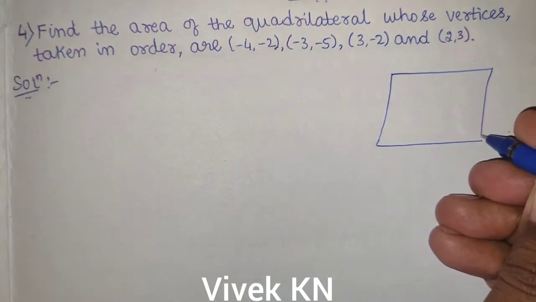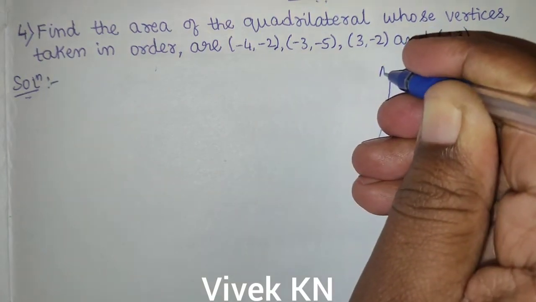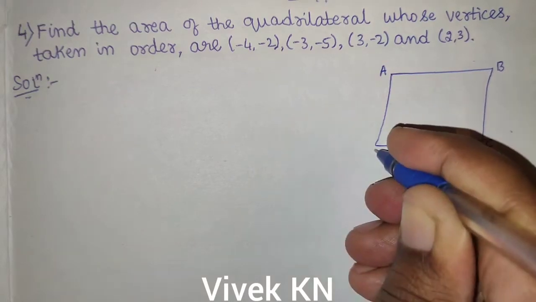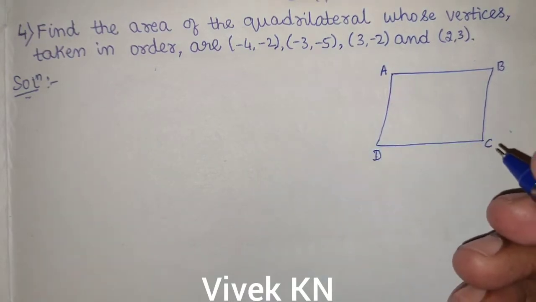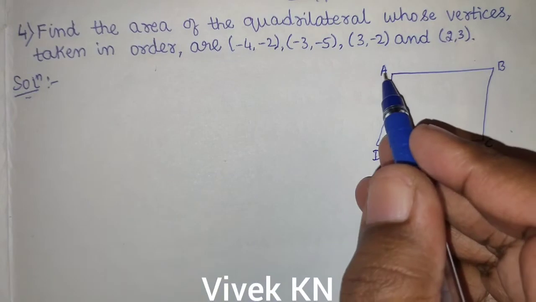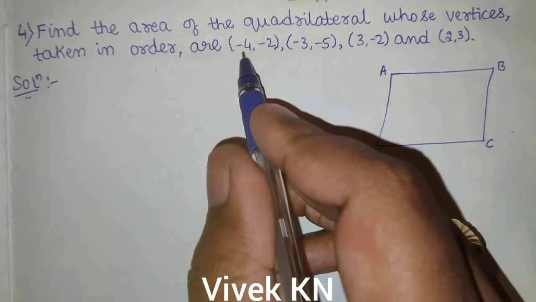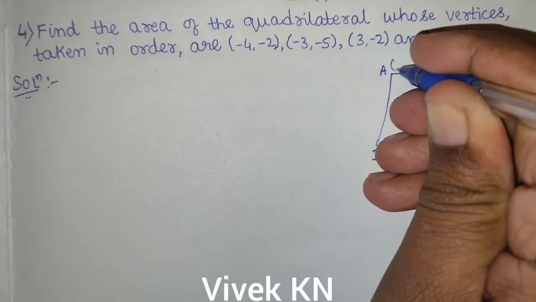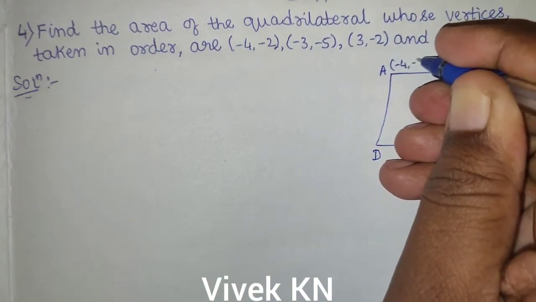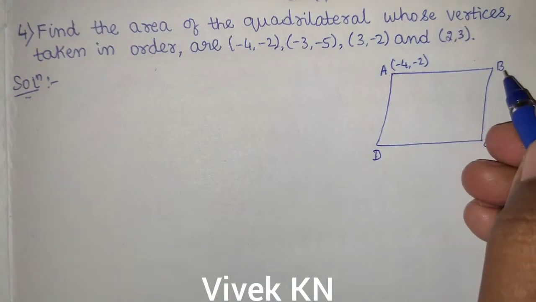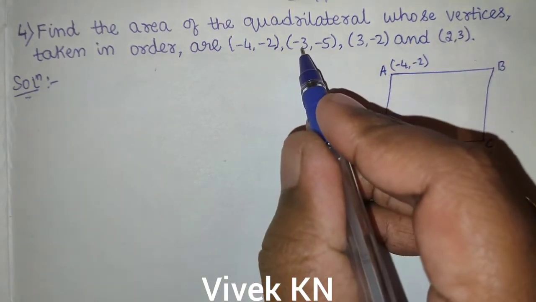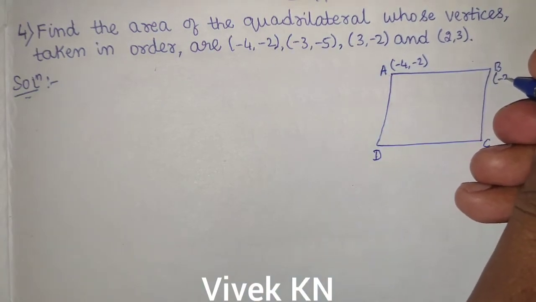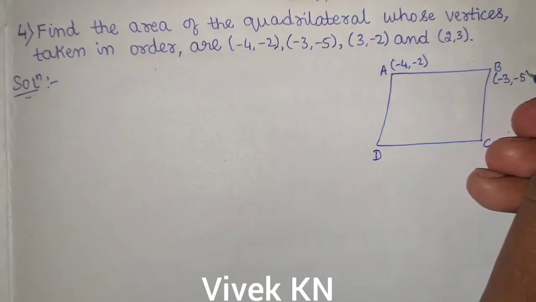This is the quadrilateral A, B, C and D. According to the question, the coordinates of the vertex A is given by (-4, -2). The coordinates of the vertex B is given by (-3, -5).